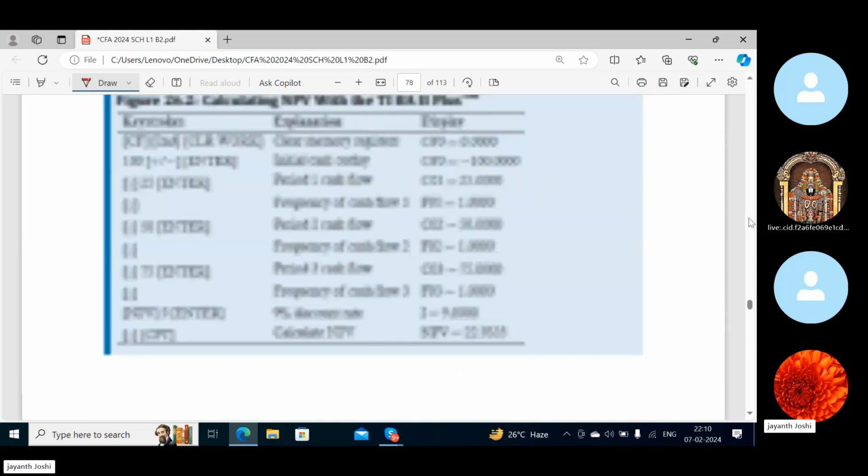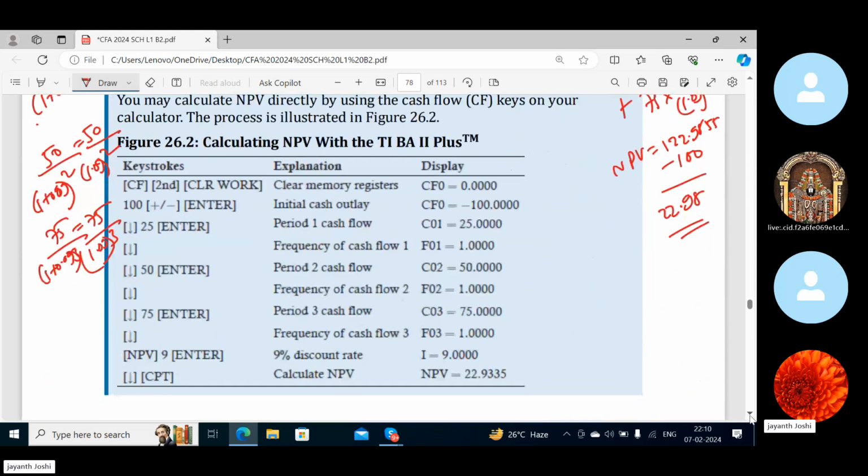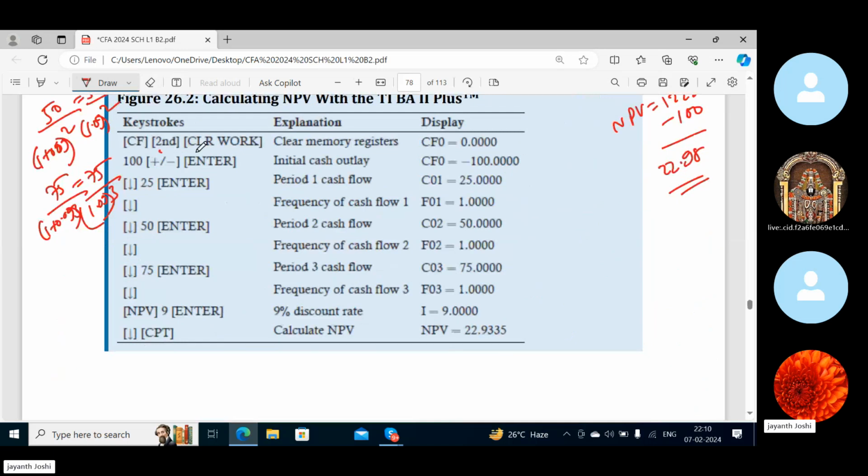Take out your calculator, all of you, and follow this instruction. First CF, second clear work. If you don't have one, you can download the app. So first, click the CF button in your calculator.